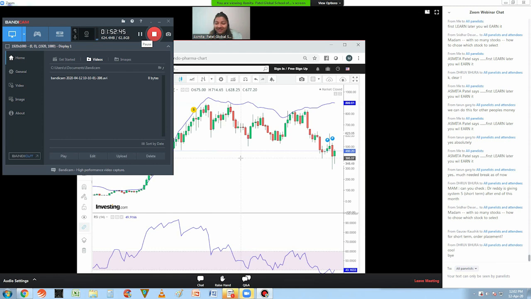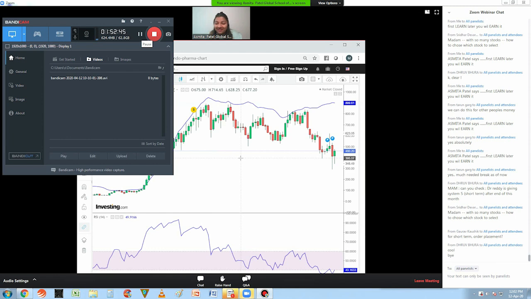So click here on indicator, everyone, and please type RSI. You'll see this Relative Strength Index. As soon as you click on it, you'll see RSI coming at the bottom of the graph. Did everyone click on RSI?